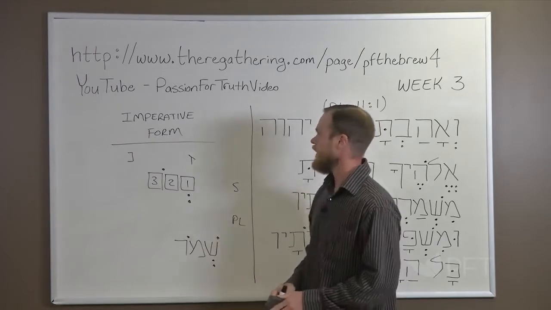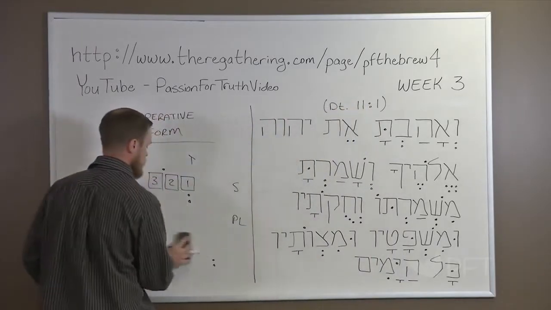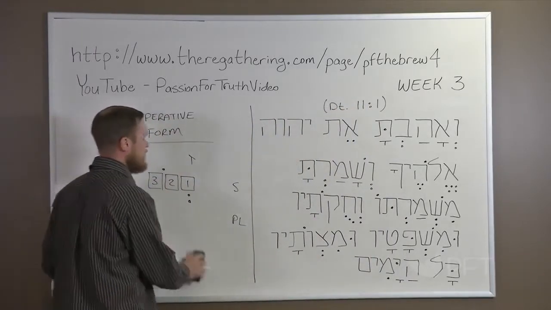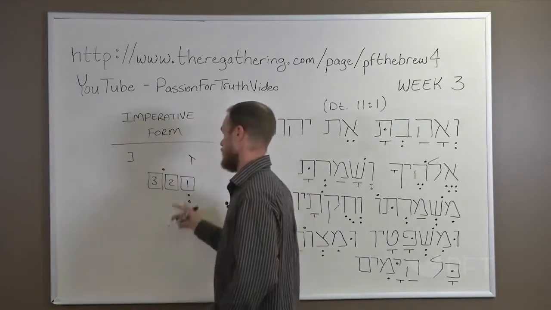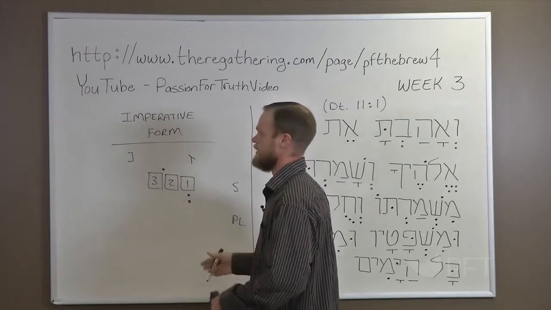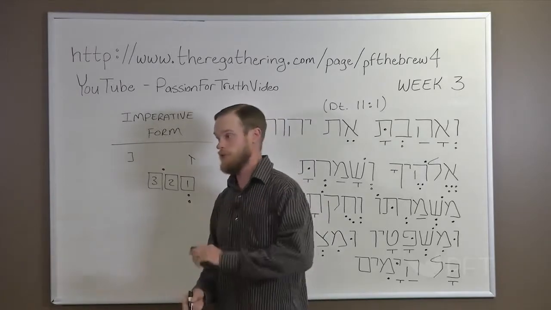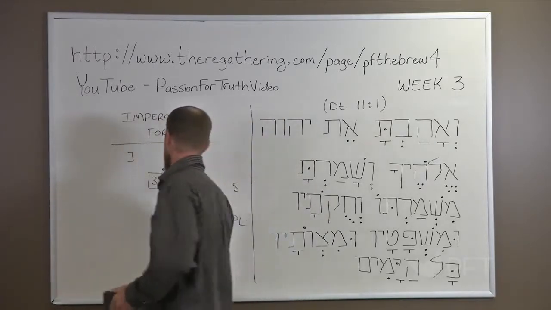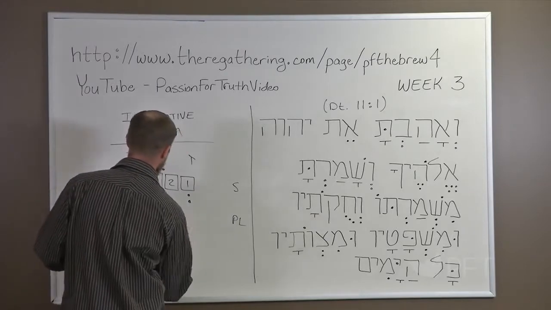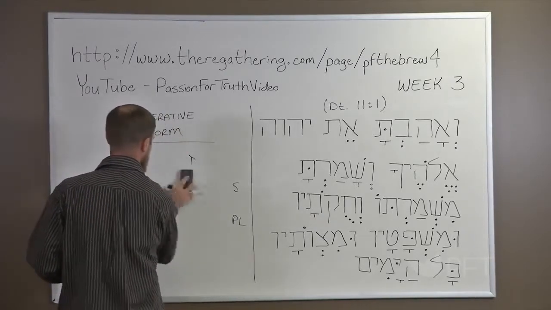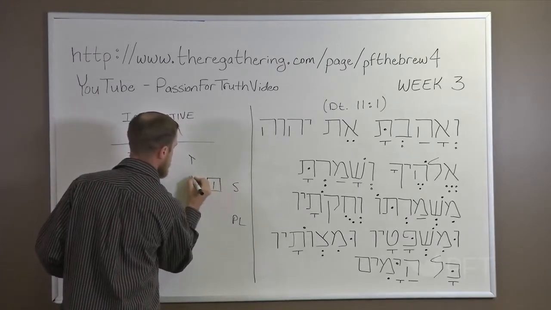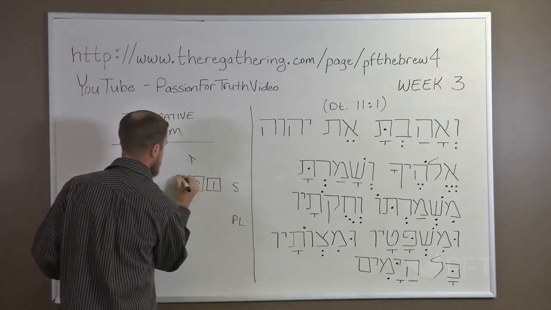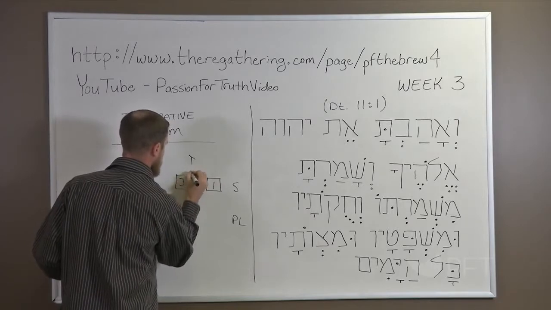Okay? And likewise, for the second person feminine singular, masculine plural, and feminine plural, the way to form those imperative forms is to take the future tense form and eliminate the prefix from it. So, hopefully this will be big enough to see. So there's our masculine.